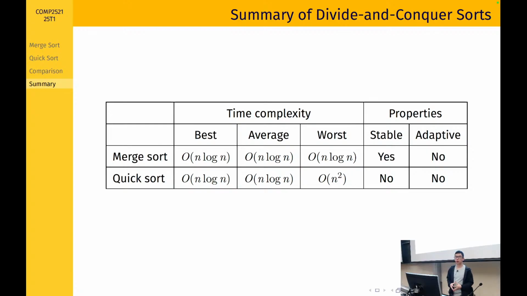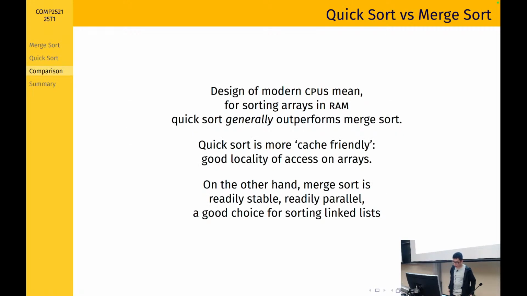So any other questions? Yep. So at the end, you said that merge sort was better for linked lists. I was wondering why that is. Merge sort is readily stable, readily parallel, a good choice for sorting lists.